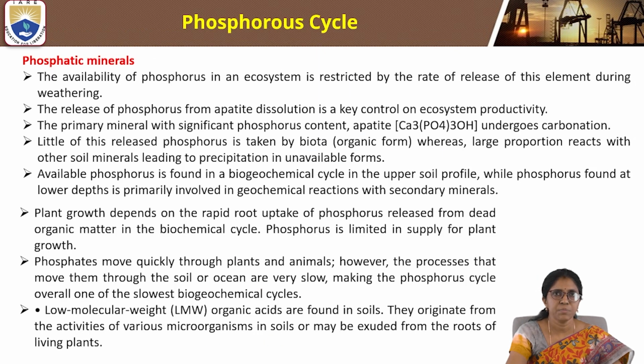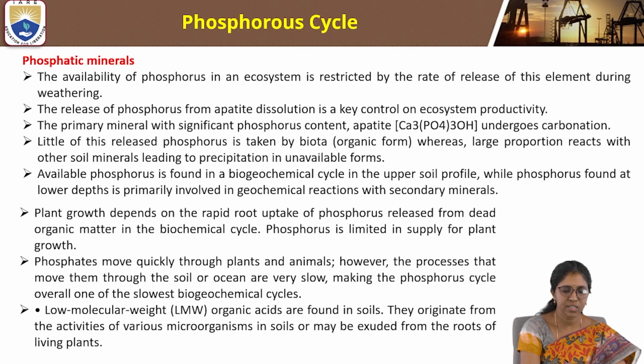Phosphatic minerals. The availability of phosphorus in the ecosystem is restricted by the rate of release of phosphate during weathering. The release of phosphorus from apatite dissolution is a key control of ecosystem productivity.